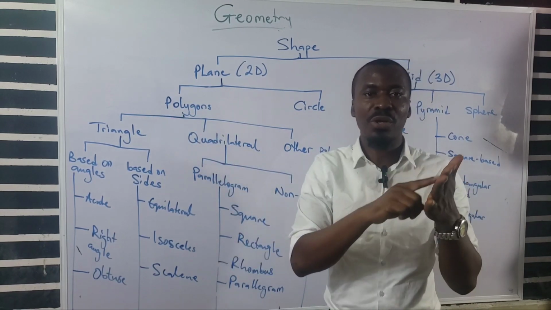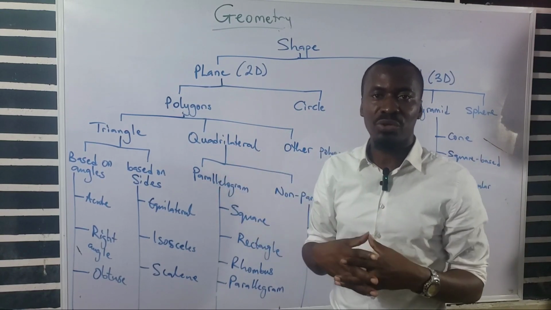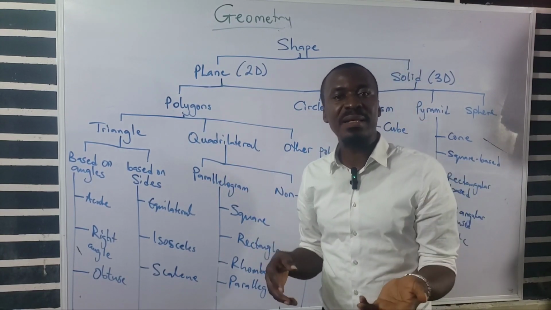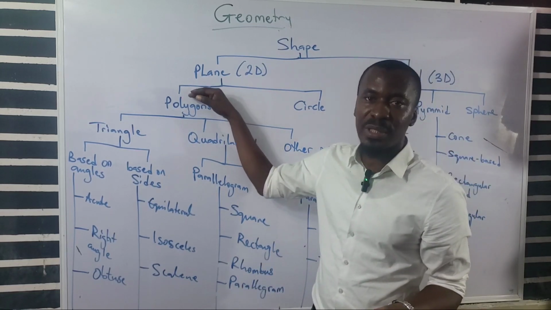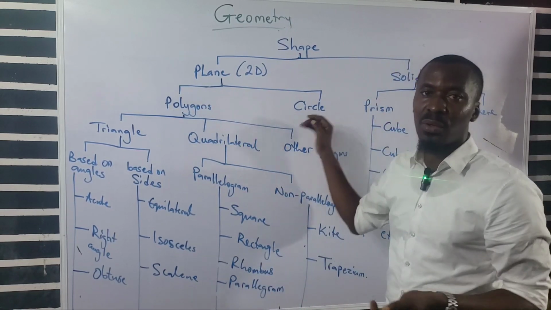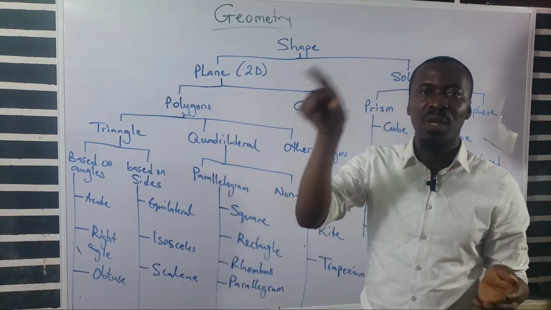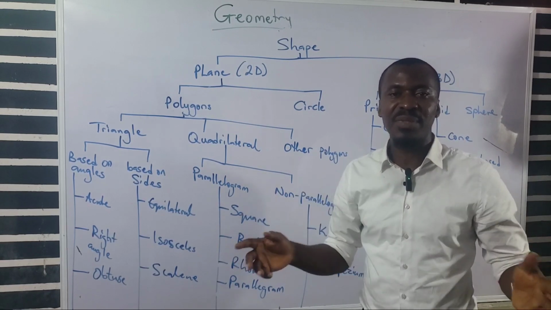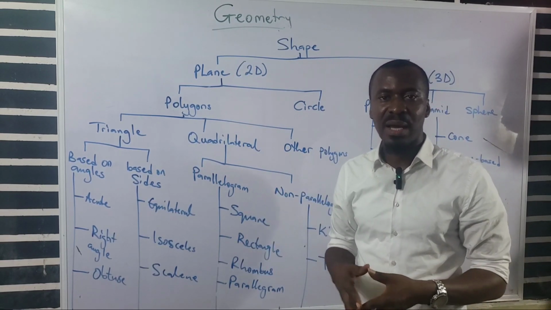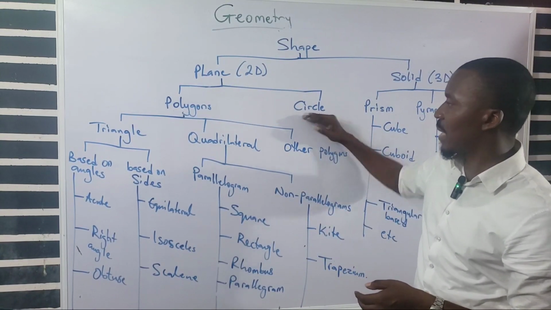Just like when you draw your triangle, you use straight lines meeting together to form your triangle. Whether it's a regular polygon or irregular polygon, they are all under polygons. Now we have the circle. A circle, of course, we know, is where we use a curve to go around and meet, with the same distance from the center, which is called the radius. We are going to come back to discuss the circle.